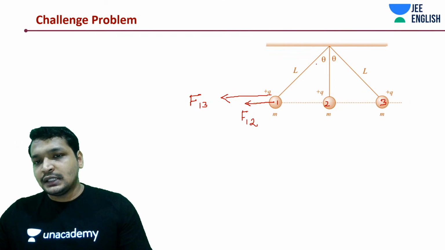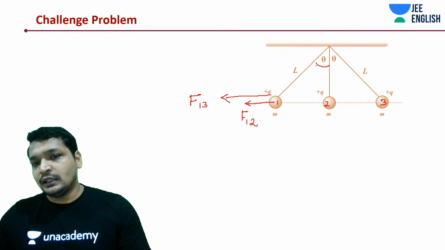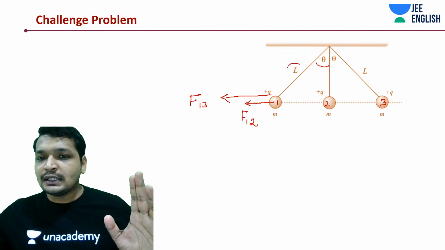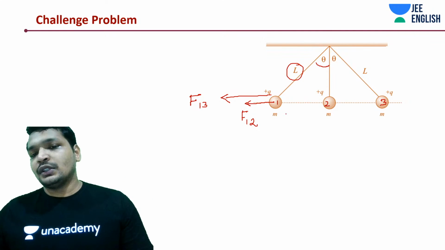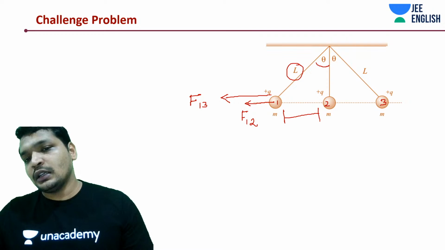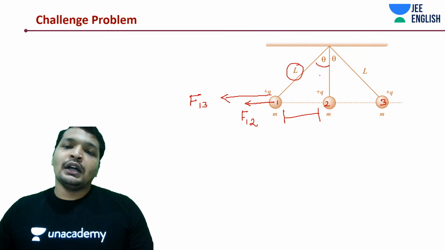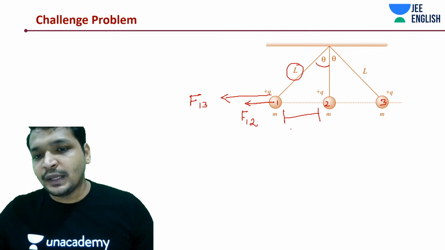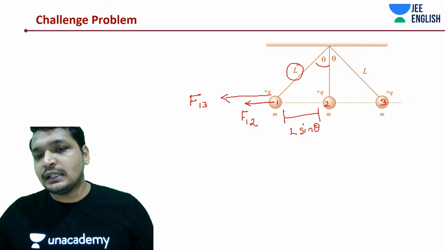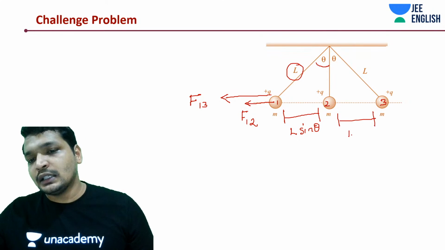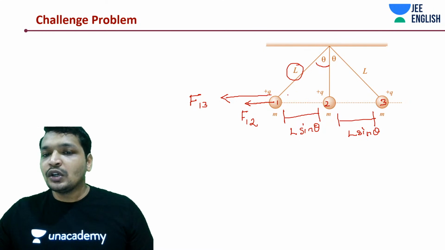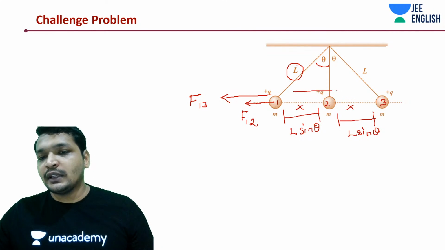So we have this theta angle formed by string 1 with string 2, and there is length L. This distance would be, if you take sin theta opposite by hypotenuse, L sin theta, and similarly this one is also going to be L sin theta, and the distance between 1 and 3 is how much? 2L sin theta. Okay, if this is x, this is x, the distance between them is 2x.